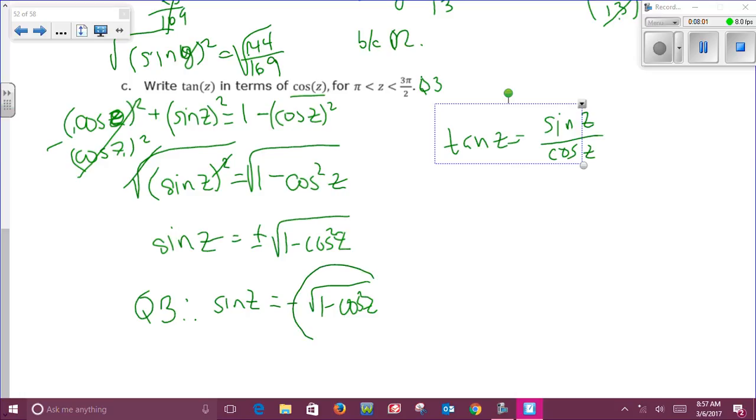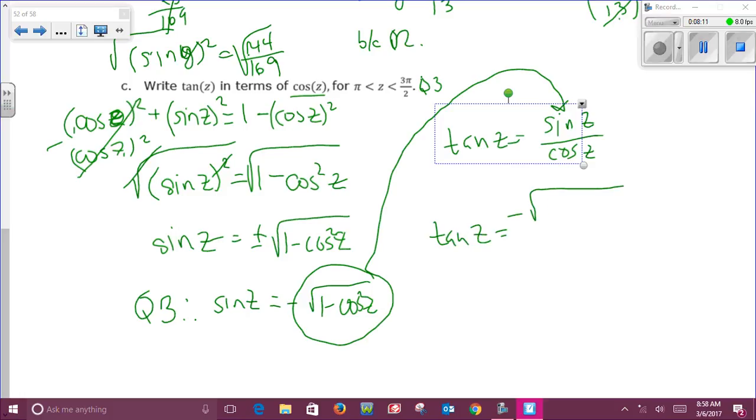So I need to take what I found sine to be equal to and put it in place of sine. So the tangent of z is equal to negative square root of 1 minus cosine squared z all over cosine z. That is my final answer there.